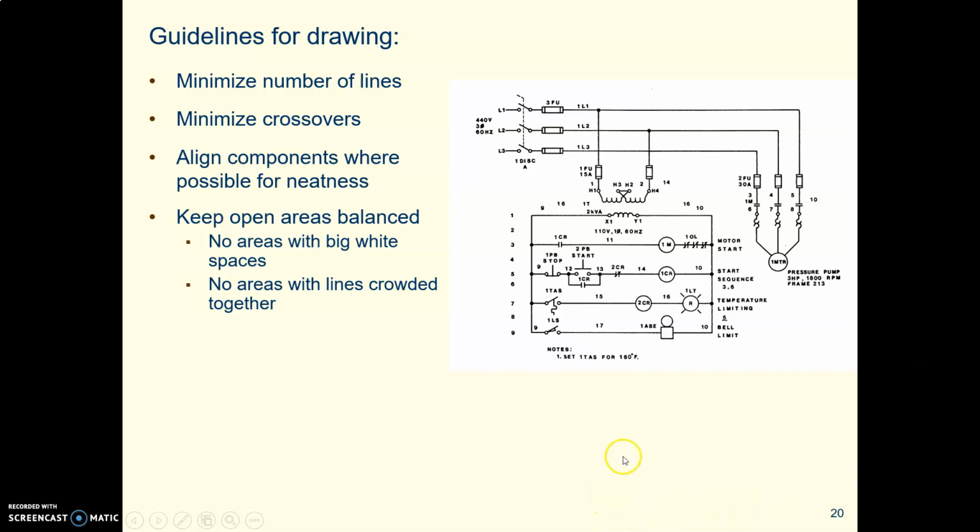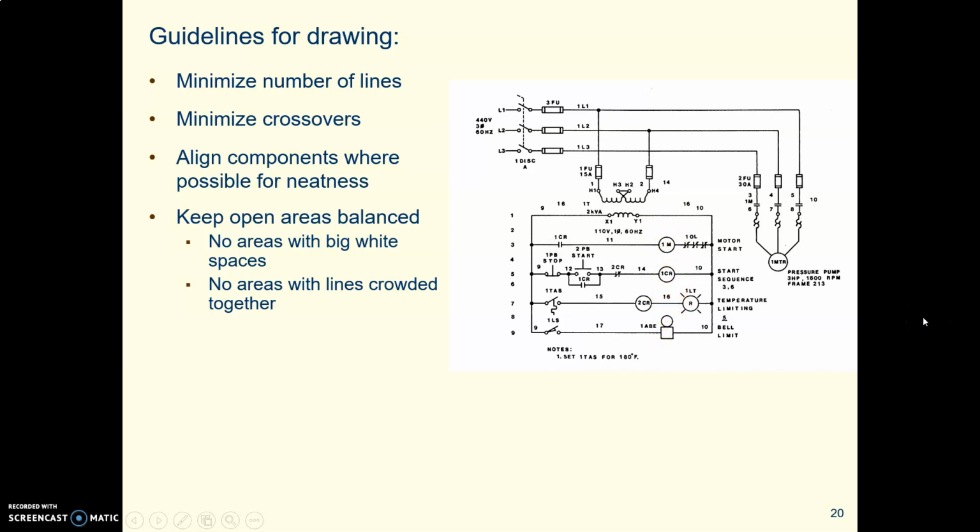Insofar as possible, can we align things? So for example, on the power lines, notice how these three fuses are lined up. Down in the control circuit, notice how these three switches are lined up. And it would be good if these coils could line up also.